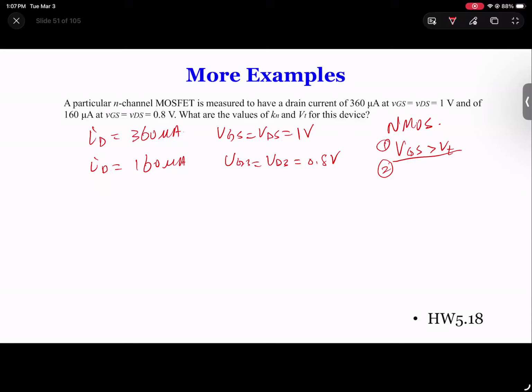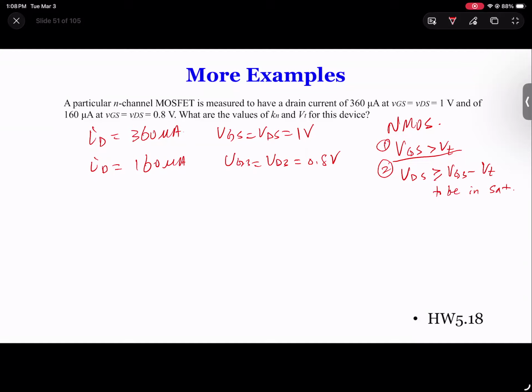Secondly, to know whether it's in saturation or triode, we need to look at VDS. VDS typically has to be larger than VGS minus VT to be in saturation mode, right? That's for MOS. That's the condition. In this example, what can you say about VDS and VGS?